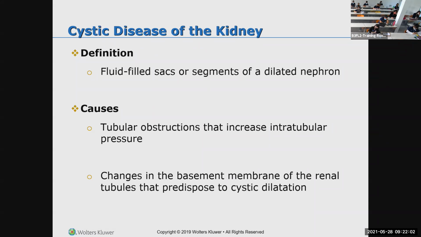Causes may be tubular obstruction that increases intratubular pressure that leads to formation of cyst. Next, changes in the basal membrane of renal tubules that predispose to cystic dilation.